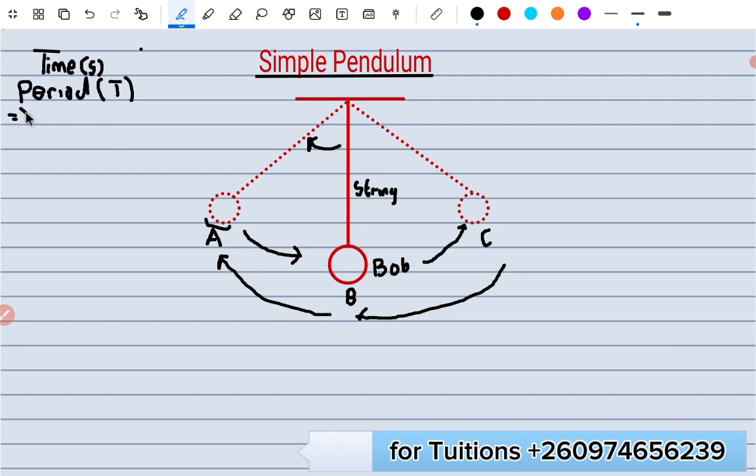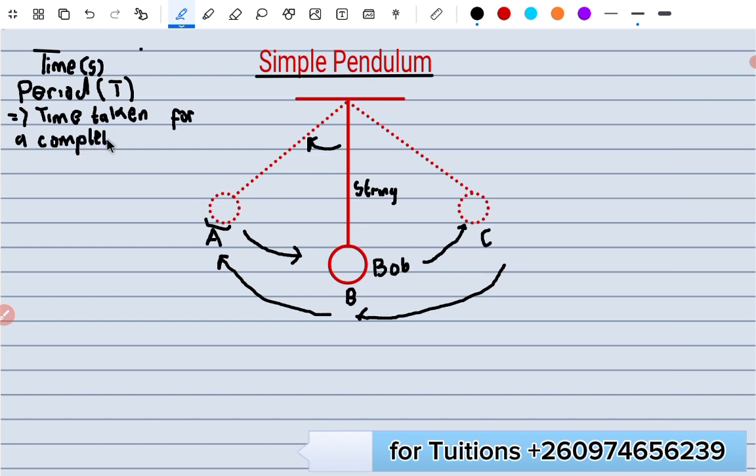The period is the time taken for a complete swing.